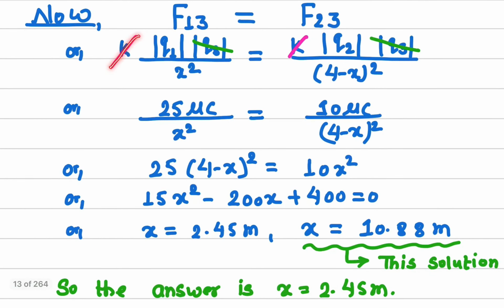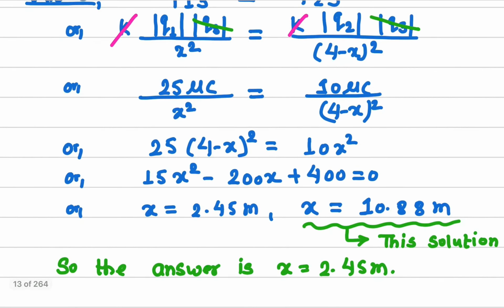So we can cancel out K and K. We can also cancel out Q3 and Q3. The magnitude of Q1 is 25 microcoulomb, and the magnitude of Q2 is 10 microcoulomb. The microcoulombs also cancel out. So we have 25 times (4 minus x) squared, and this side will be 10 times x squared.